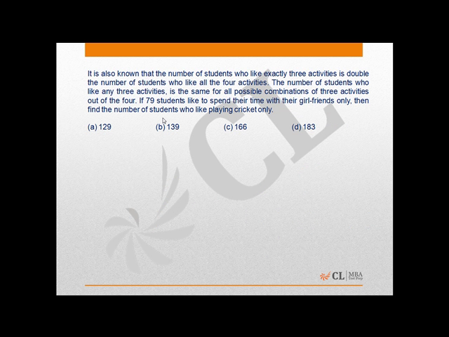Moving to the next question, it is given that 79 students like to spend their time with their girlfriend only. Then find the number of students who like playing cricket only.